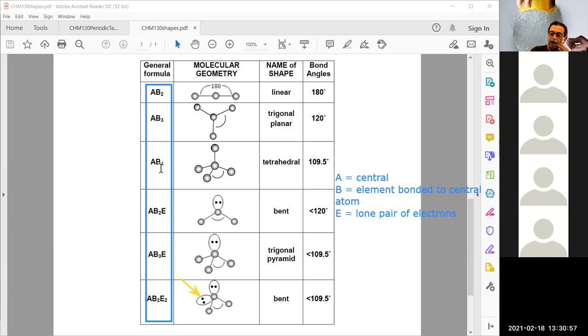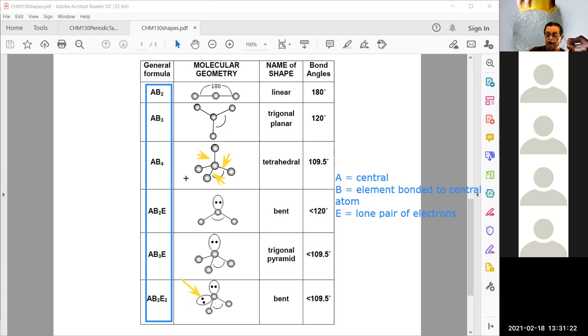It is very common and found in a lot of different compounds. We have the central atom and 4 elements bonded to the central atom. If we notice something here, remember that each line represents 2 electrons. There are 2 there, 2 there, and so on down the road.